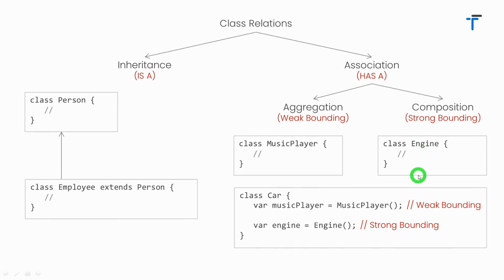It means to run the engine, to use a practical engine, there has to be a car or some vehicle. And a Car is useless without an Engine. It means if it doesn't have an engine, we can't run or use the car. So there's a strong bonding between the Car class and the Engine class. So such a type of strong bonding or strong relation between the classes is known as composition.